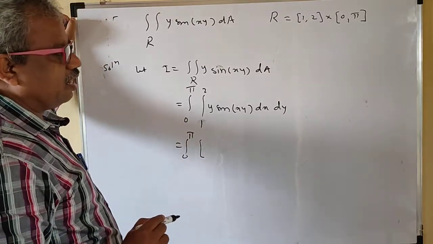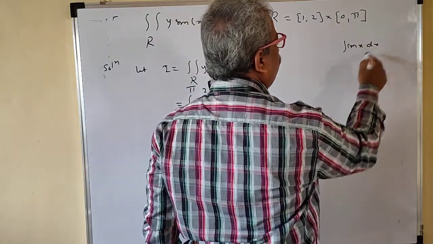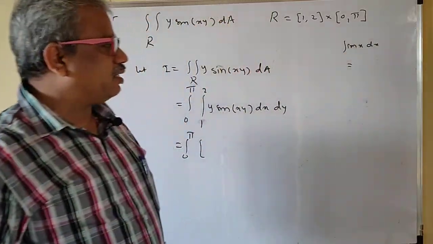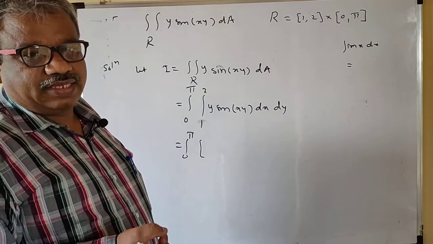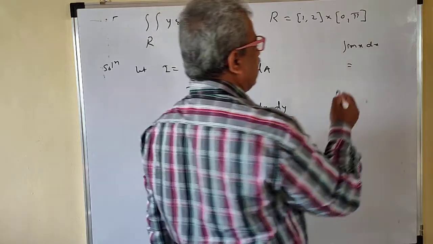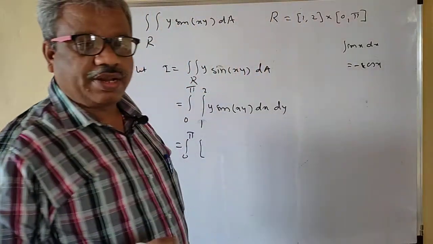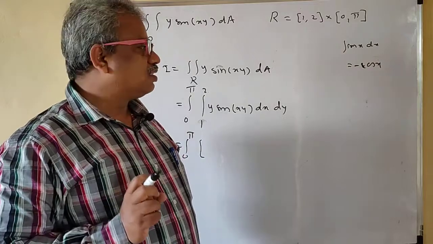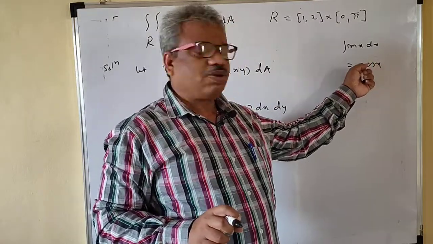What is the integration of sin x? Ask which function has sin x as its derivative. The derivative of minus cos x is sin x, because the derivative of cos x is minus sin x.